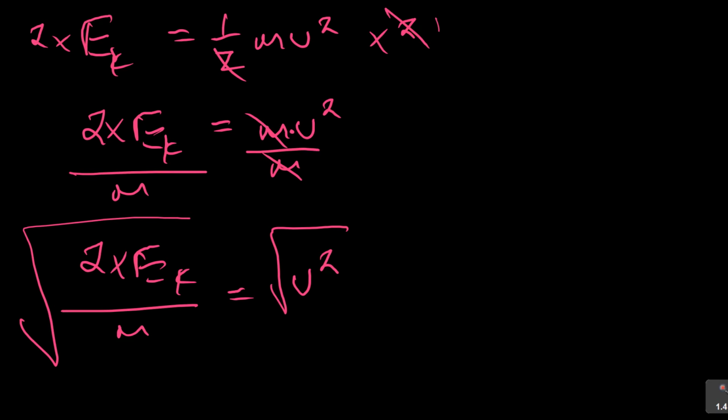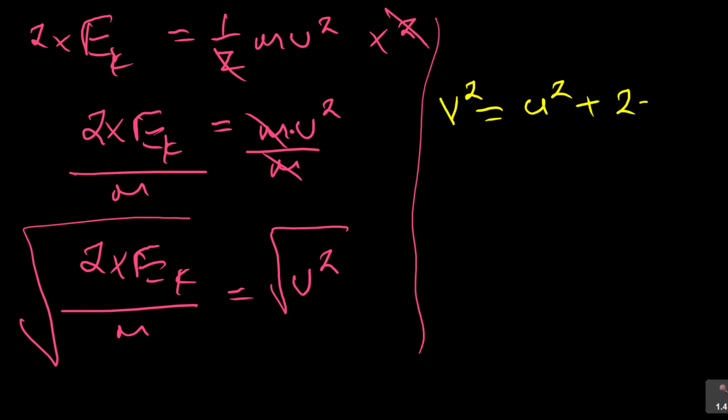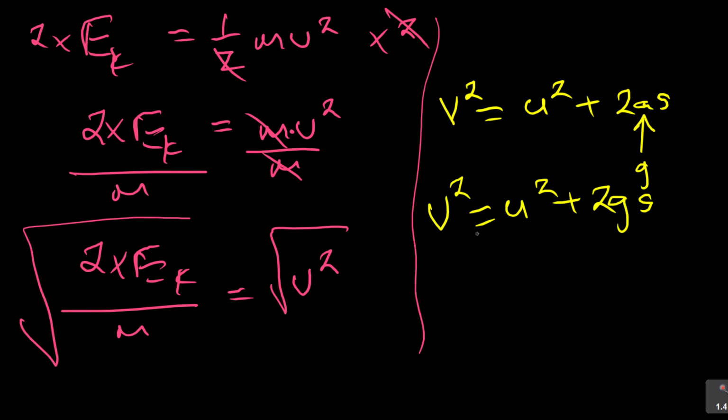Secondly, you have a formula that says v squared is equal to u squared plus 2as. You must not forget that the a there is the g, the acceleration due to gravity when an object is falling. So v squared becomes u squared plus 2gs. And don't forget the u squared at the beginning, there is no velocity, so it's 0.